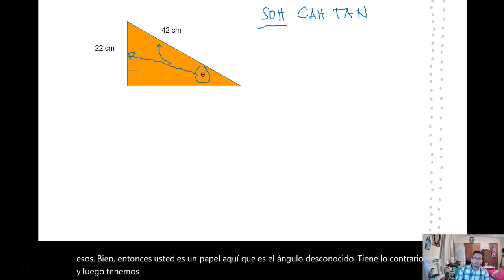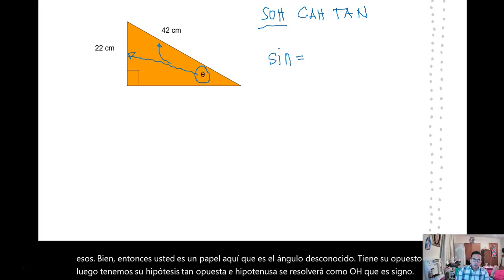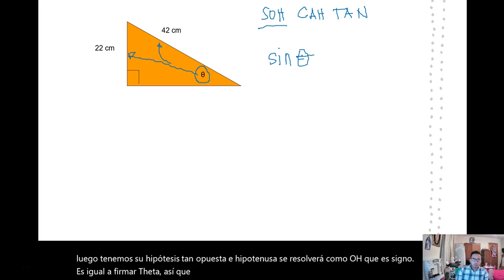So opposite and hypotenuse will be SOH, which is sine. So sine theta is equal to opposite, which is 22, over hypotenuse, which is 42.